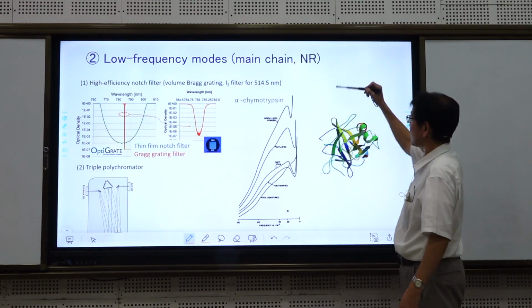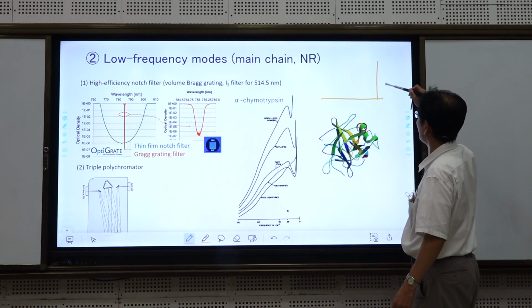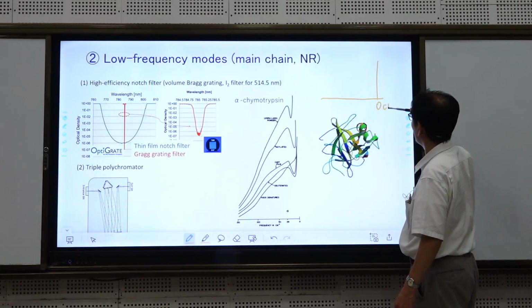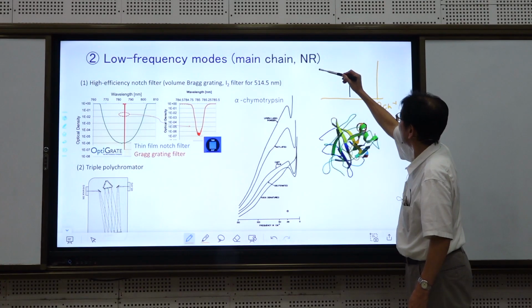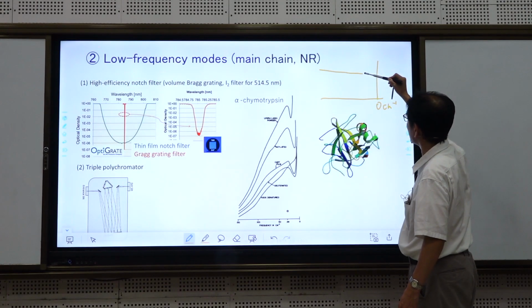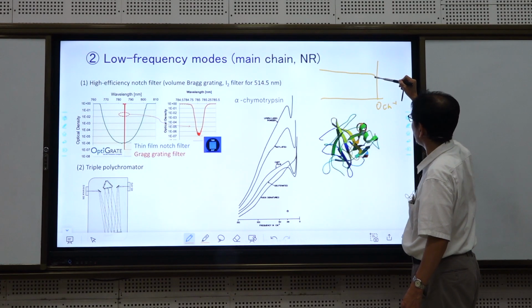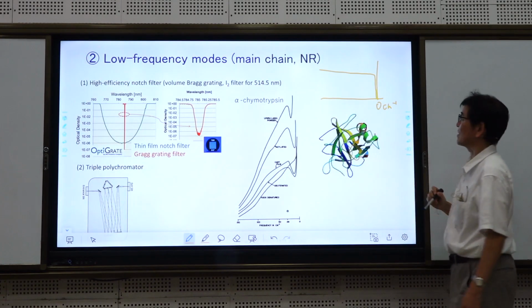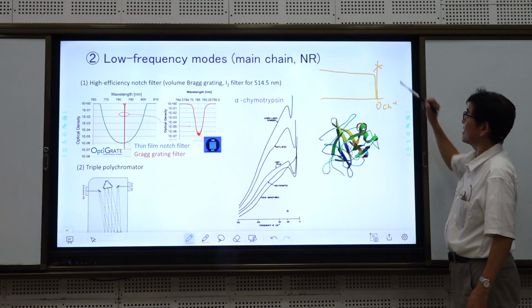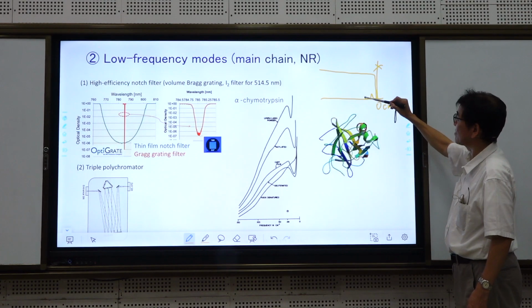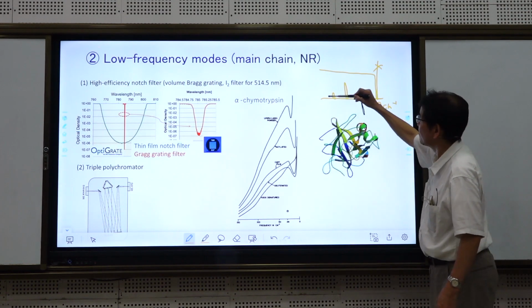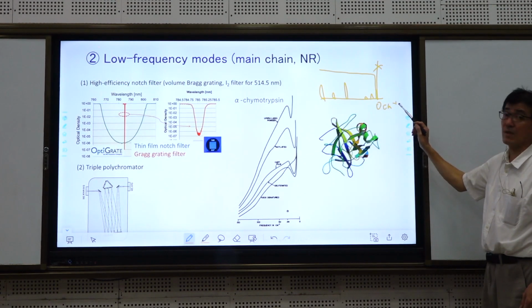By using this nice filter, the transmittance is something like this. So the Rayleigh line is cut and we can detect some peaks near zero wave number.